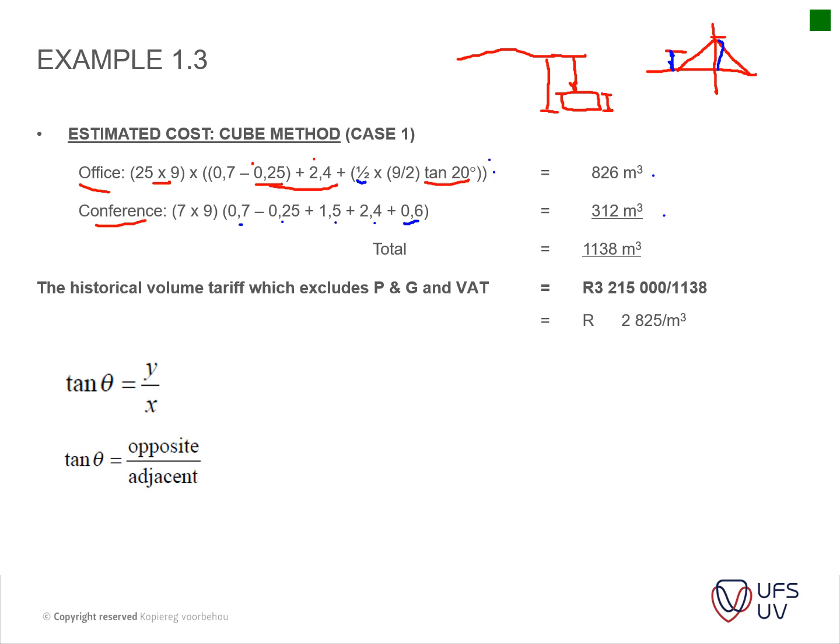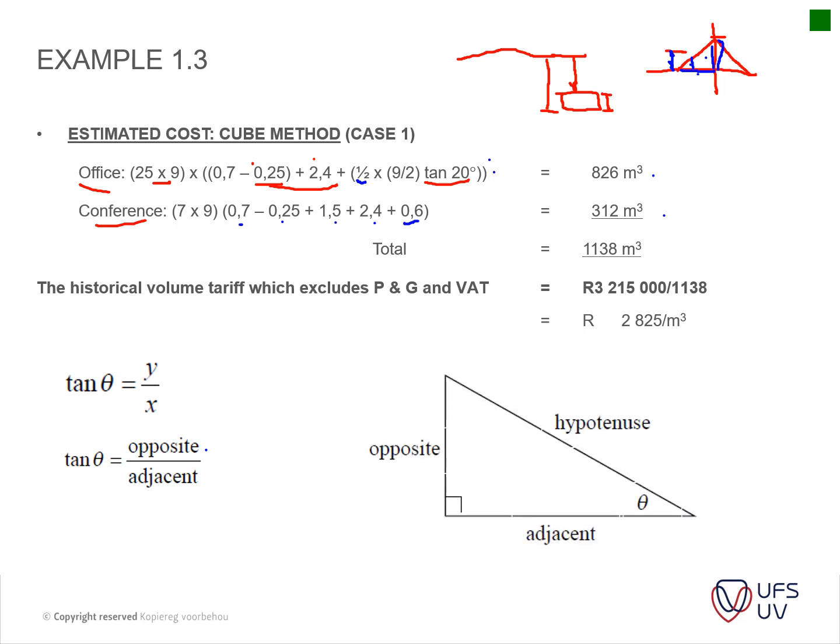So if you want to calculate your height, which is there, what you've got is your opposite over your adjacent. So you've got this distance and you've got your angle there. So you want to calculate your opposite on that side.